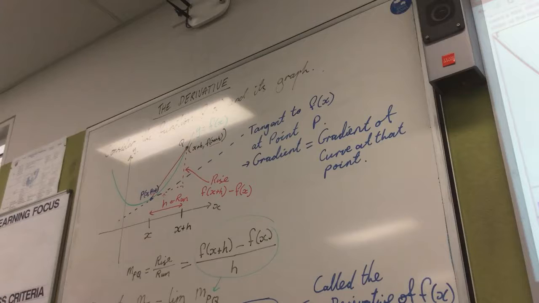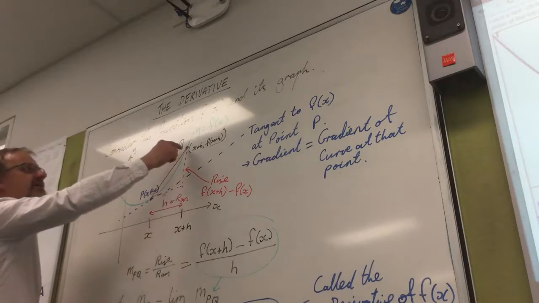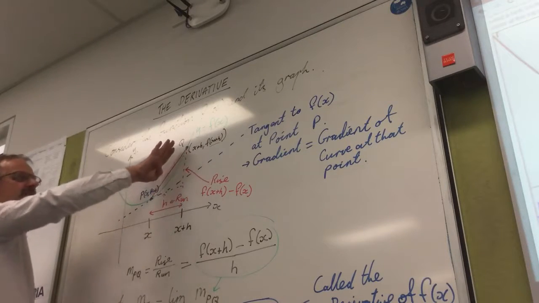All right, before we go any further, anything that needs clarifying? What does it say? Tangent M. So for the tangent, M, the gradient of the tangent. And what's that letter next to it? T. T for tangent. So the gradient of the tangent is the limit as h tends to 0 of the gradient of this line PQ.